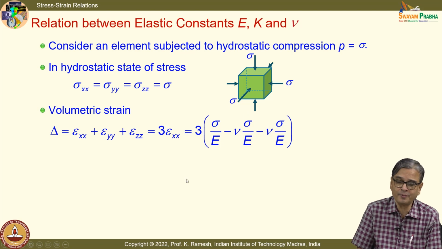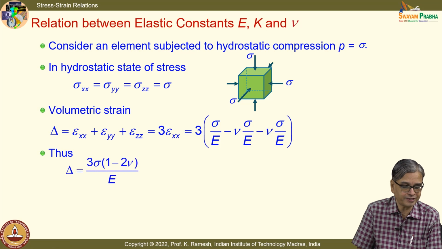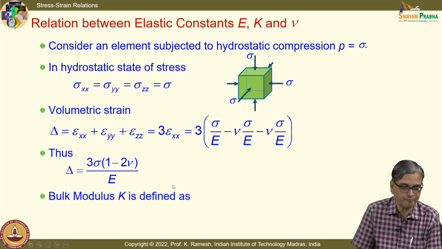So, now I know the volumetric strain, and you have the definition. When it is simplified, I get this delta as 3 sigma multiplied by 1 minus 2 nu divided by Young's modulus E. And there is a definition of bulk modulus.